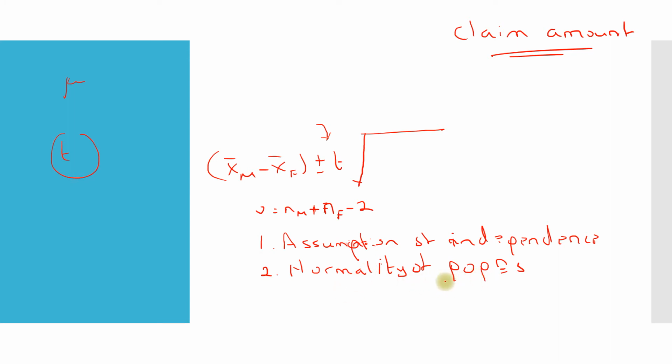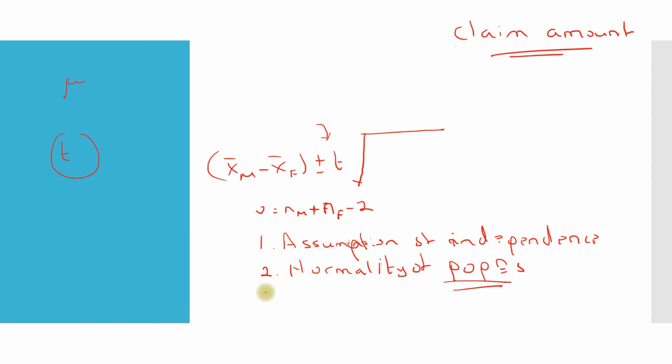That is why I'm referring to populations here, to distinguish clearly between this and this. This is from your sample. You don't assume anything here because this is something that is observed. Here is where you do the assumption: the population is normally distributed. That is, your XM and your XF come from normal populations.